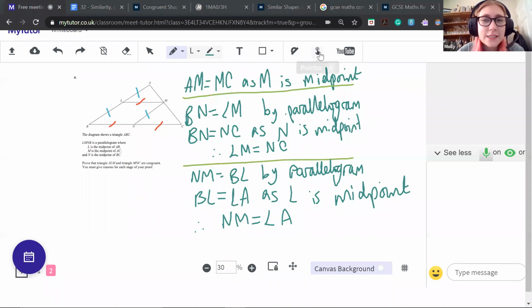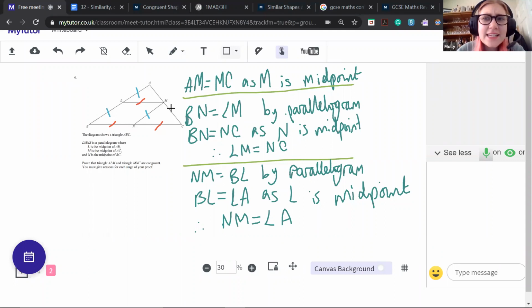Someone said, what grade is this? One like this. I mean, Maths Made Easy calls it a grade 3, but this is definitely more than a grade 3. So I would call this maybe a grade 5. So then we see we've got our sides here, these red ones, and the side here, the blue ones.